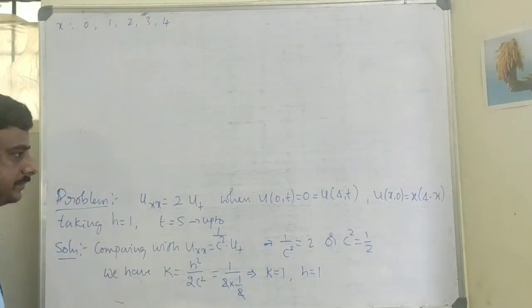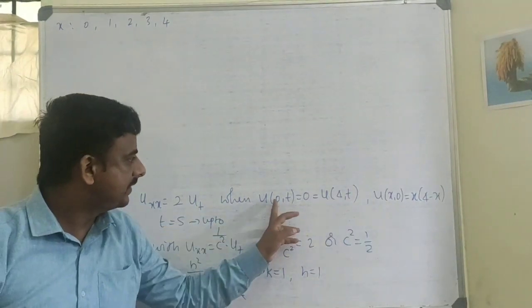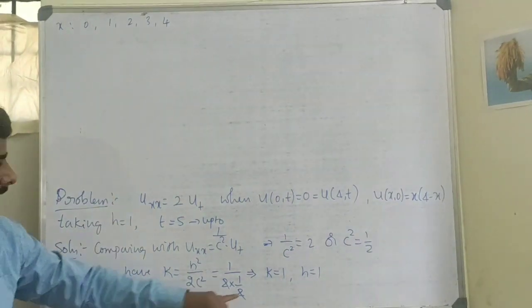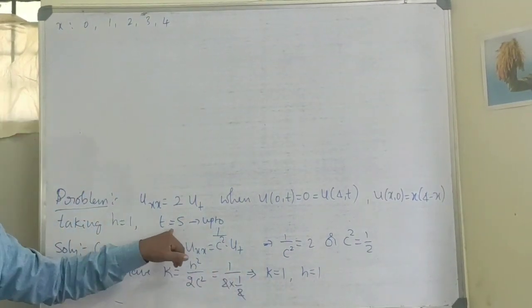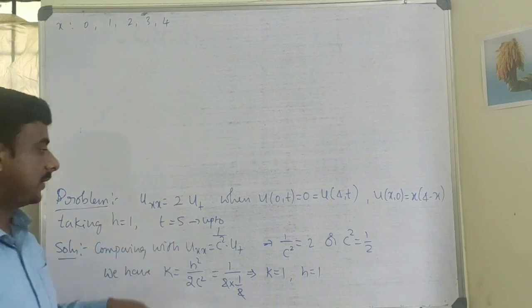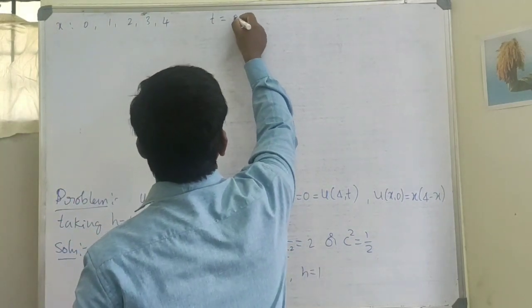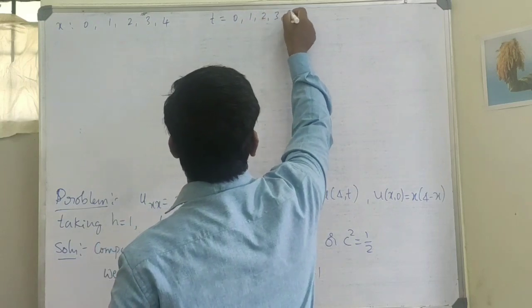I have to stop there because here x lies between 0 and 4. Now I have k equal to 1 and I have to find the values up to t equal to 5. So the point of subdivisions for t are 0, 1, 2, 3, 4, 5.